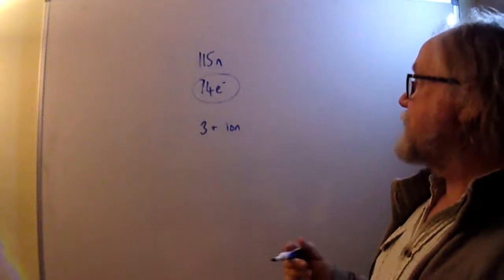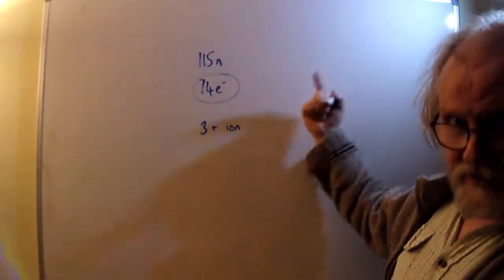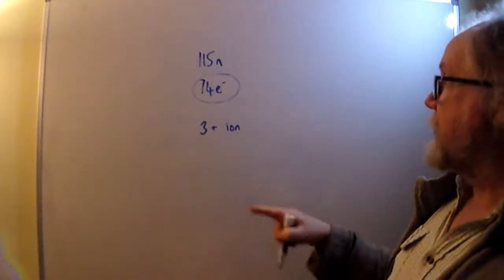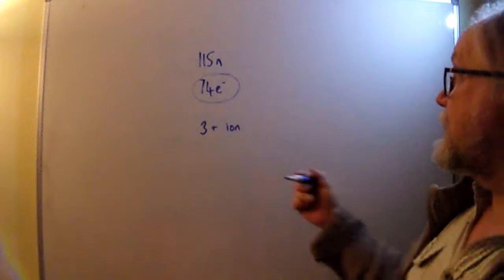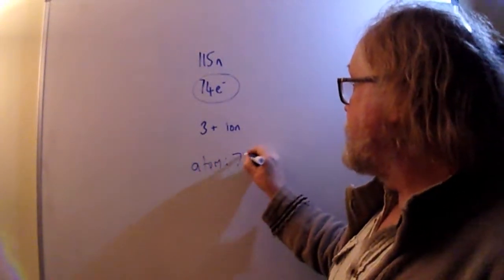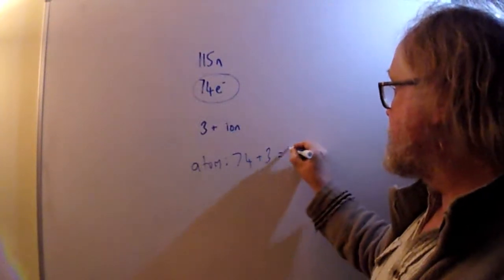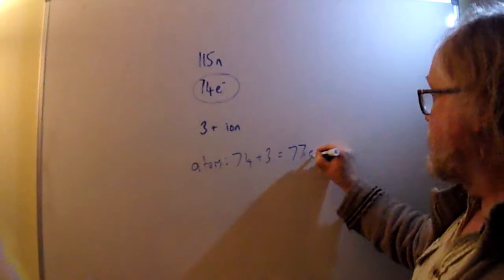If it's got 74 electrons and it's a 3+ ion, that means that if it was an atom, it would have 3 more electrons than that, because 3+ means it's lost 3 electrons. So the atom would have 74 plus 3 is 77 electrons.